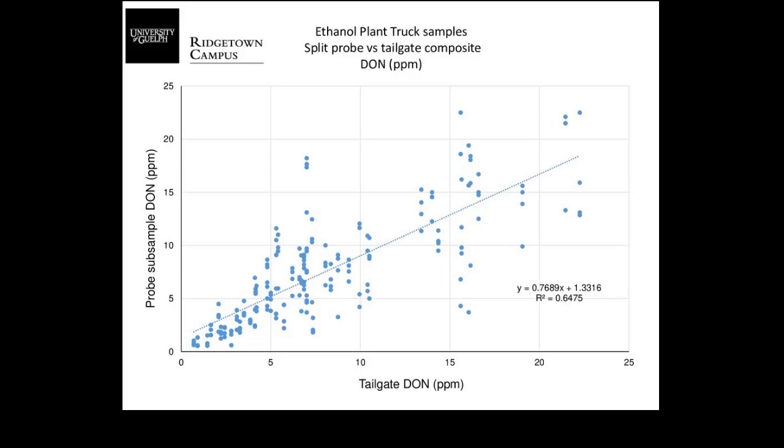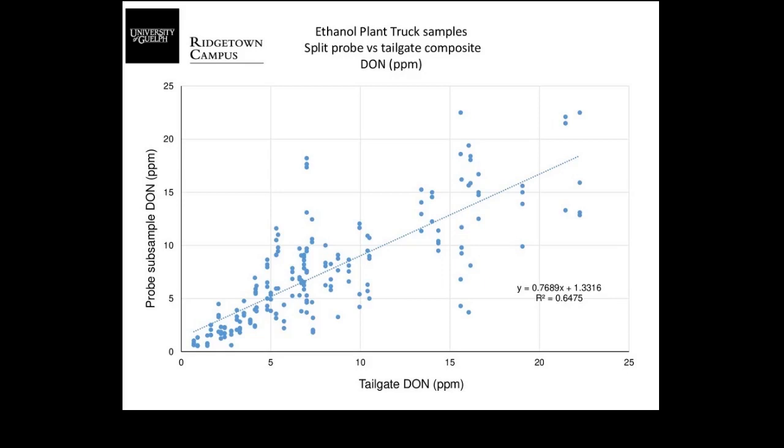And then we had the elevator give us the remainder of the whole grain that they were testing, and that was about 1.8 kilograms, so roughly a 2-kilogram sample. And what we did with that is we divided that into 4 subsamples with a splitter.